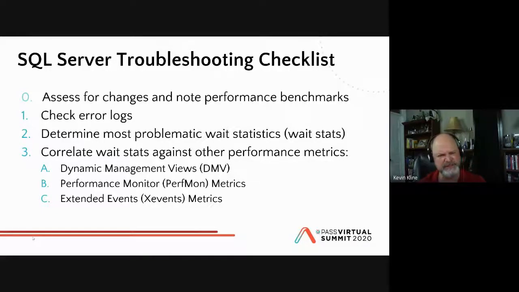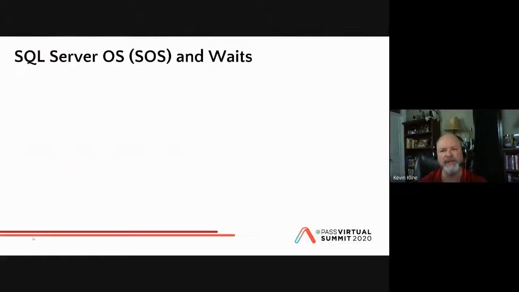So let's look at these in a little bit more detail, and then we'll have a bit of a demo as well. Again, these first two are outside of the scope, but we'll start with number 2 and then go to number 3 here on our checklist. To understand the SQL Server wait stats concept is to also understand how SQL Server maintains threads.